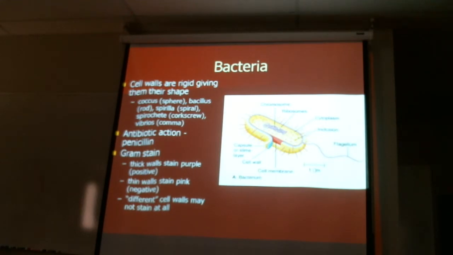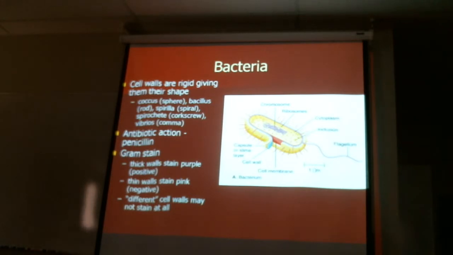Now, where I have antibiotic action, take penicillin for instance, produced by a fungus. It's produced against prokaryotic cells. That's kind of its immune system. That's how it defends itself. So, these antibiotics are targeted towards something that the eukaryotic cell lacks.